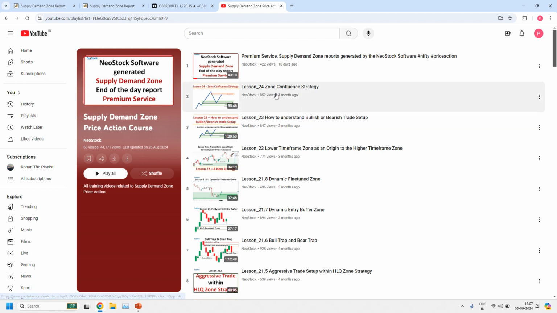And the zone strategy I explained in lesson 24 with clear examples. And we have combined both zone confluence strategy and also bullish and bearish trade setups. So always making sure that the LTF zone is having confluence with ITF zone, I call it a high probability trade setup.